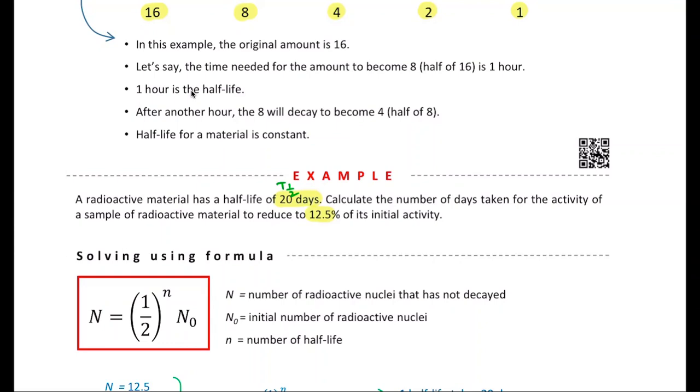If you are given the initial number in terms of percentage, then you should start with the full value of a percentage. How much is that? Yeah, 100%, kan? And then you try and do first: how many half-lives does it take from 100% for you to reach 12.5%?